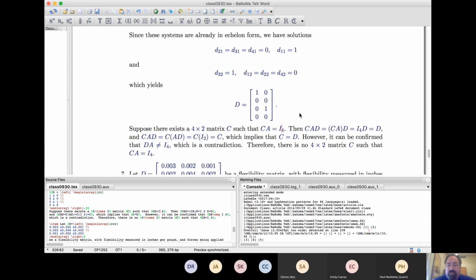So there is no matrix I can multiply A by on the left to get the 4 by 4 identity matrix. So this is a helpful tool for proving things involving matrix multiplication, taking advantage of the fact that matrix multiplication is associative, so I can group these together in any way I want, as long as the order in which matrices are multiplied does not change. You can use whatever grouping to try to obtain your result.